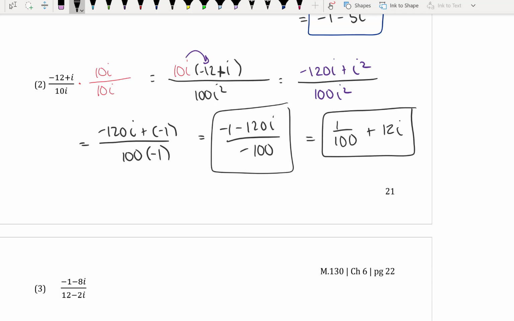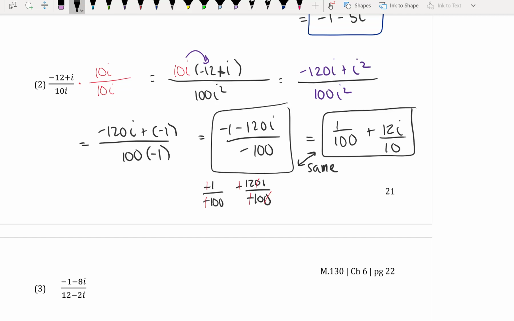And you might be thinking, well, how did I get from here to here? These represent the exact same value, because what I did is I separated it. So it's a negative 1 over a negative 100 minus 120i over a negative 100. So a negative divided by a negative turns into a positive, and 120 divided by 100 turns into, oh, it wasn't 12, was it? It was 12 over 10.